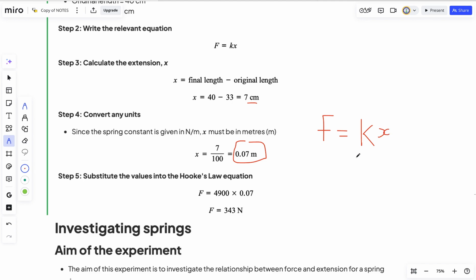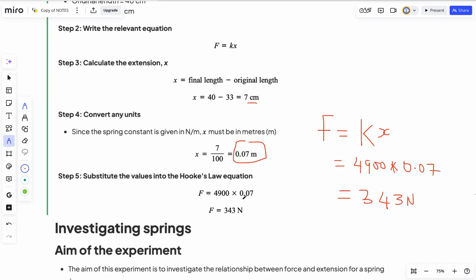So we put the value 4,900 multiplied by the value of x, which is 0.07. We multiply this by this, and we get 343. We get 343 Newton as the weight of the child. Is that okay? So you can see how this plays out, how we use this.